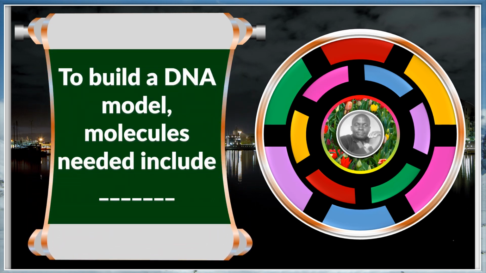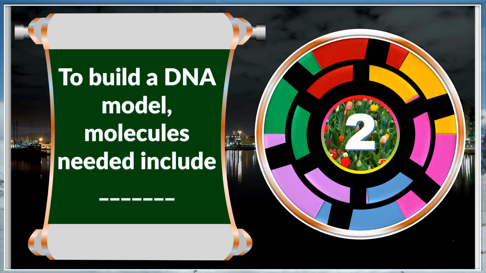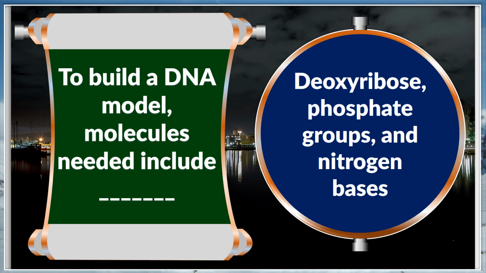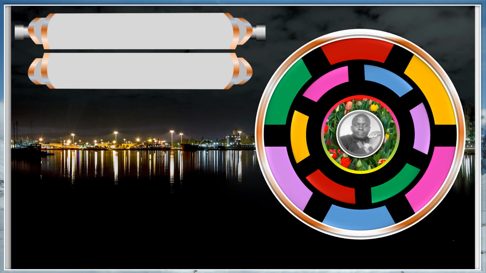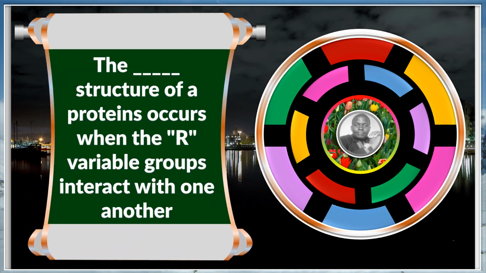To build a DNA model, molecules need include dash. Deoxyribose, phosphate groups, and nitrogen bases. The dash structure of proteins occurs when the R variable group interact with another one.